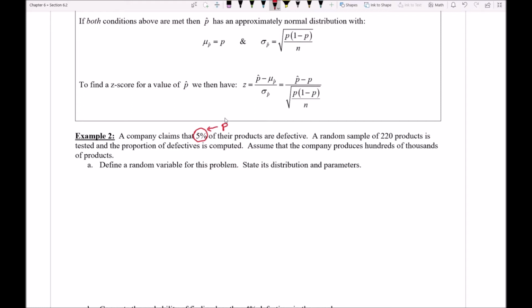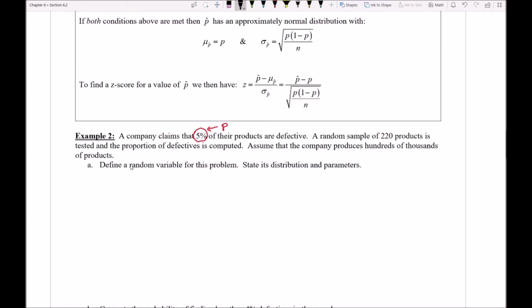Okay, so a company claims that 5% of their products are defective. Now we're going to do a random sample of 220 products. We're going to test them, and calculate what percentage of just that small group of 220 is defective. We're going to assume here that this company produces, say, hundreds of thousands of products, so we're only grabbing a tiny little portion. So we want to start right at the top of the formula sheet.